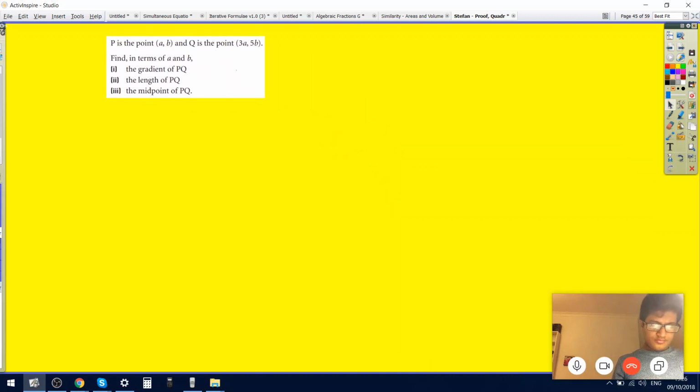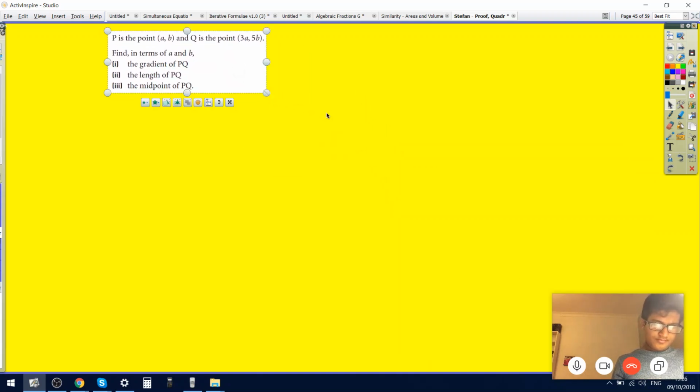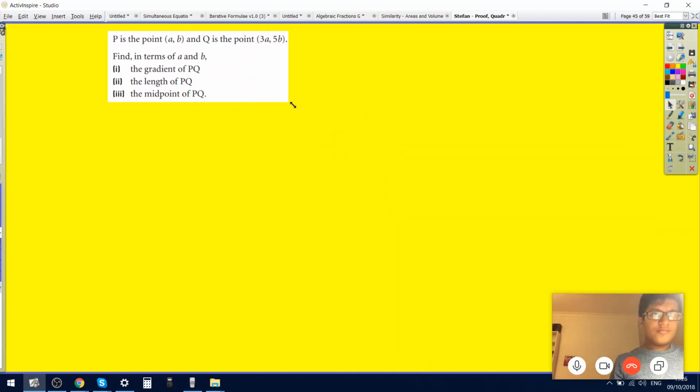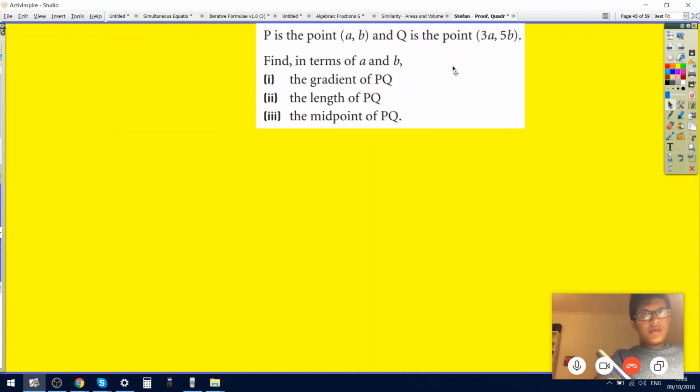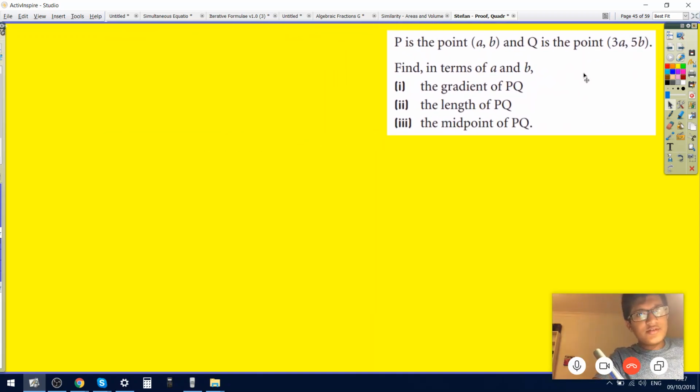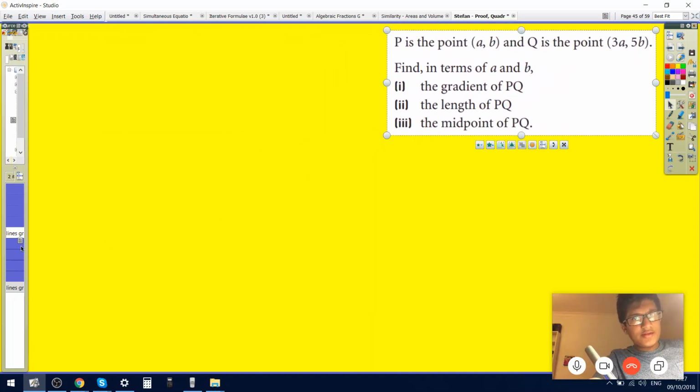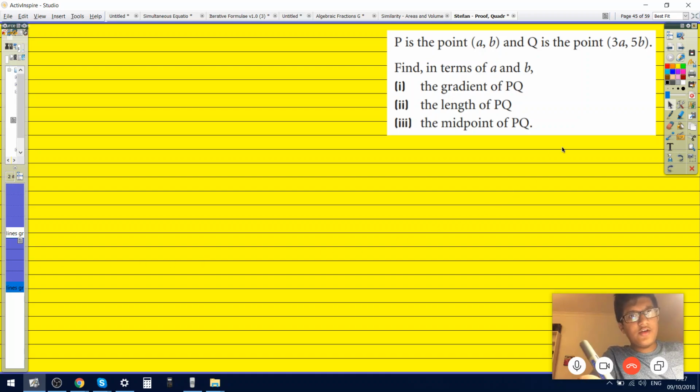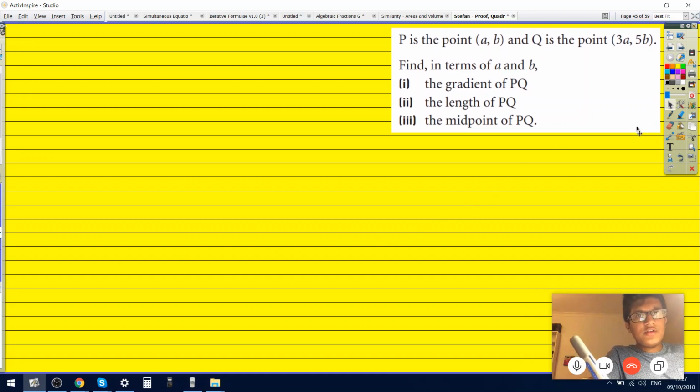Okay, so things get trickier. Let's try this. Here's the point P, A B, and Q is the point 3A, 5B. Find, yes, if I just draw these 2 points.